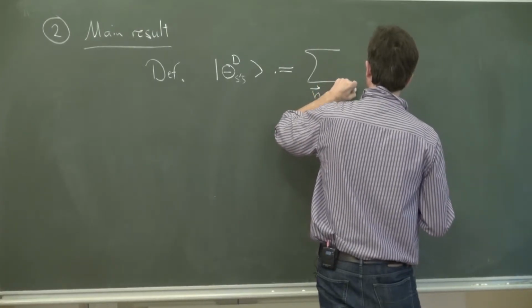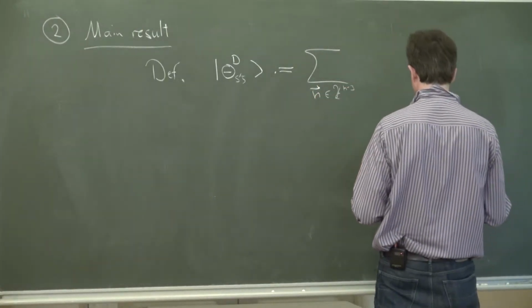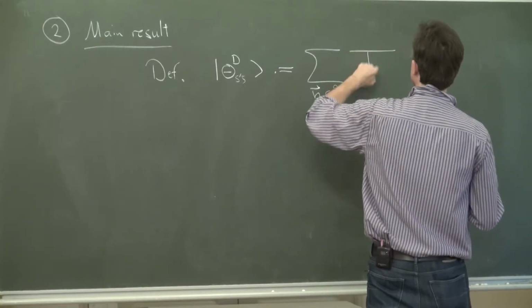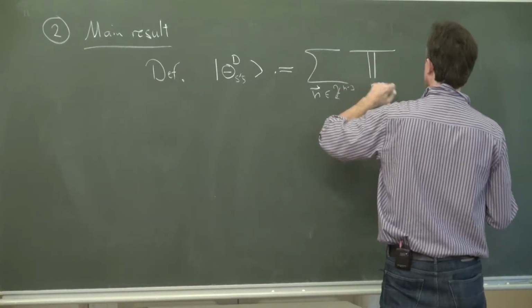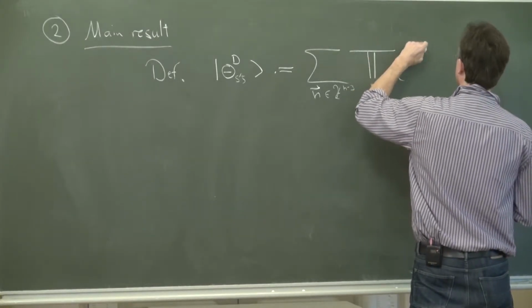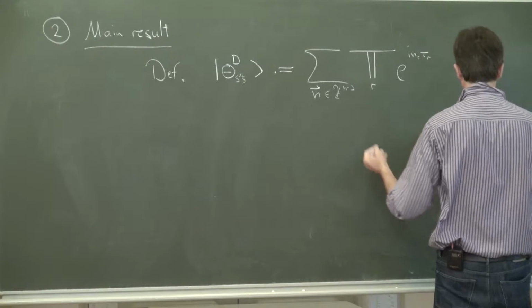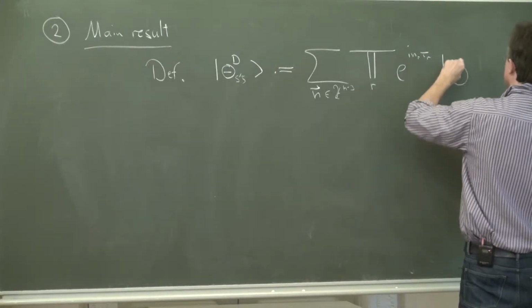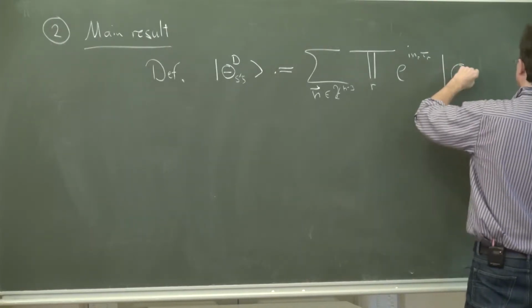We take vectors of integers in Z to the n minus 3, a product of exponentials e to the i n r tau r, and then we take the theta s prime s.